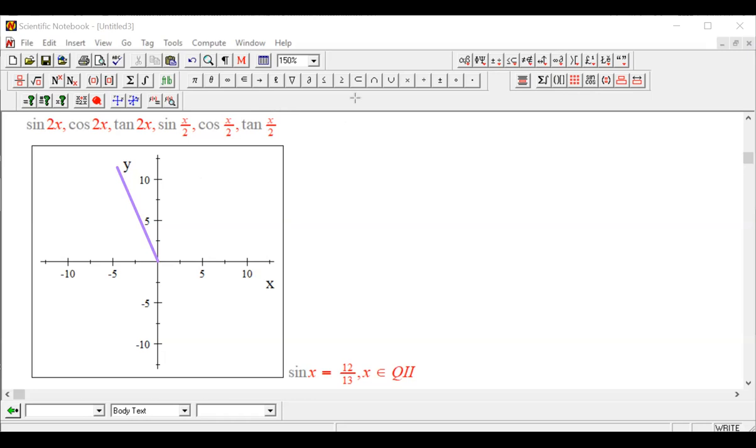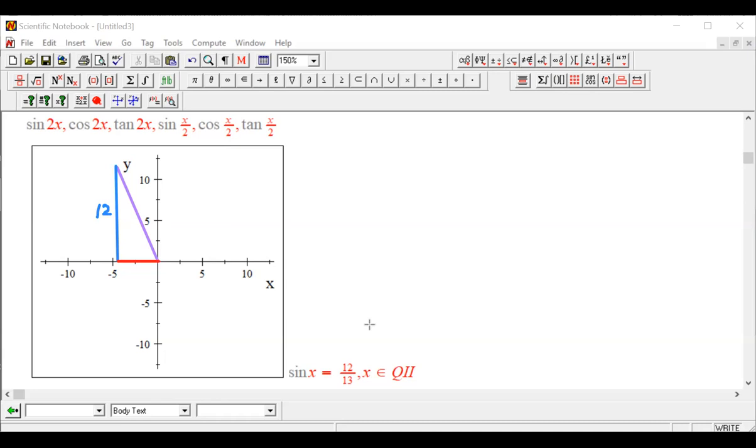Then we will draw a triangle, and the 12 is going to be the y. So this is 12. And we need the x, because that's the cosine. So this is to be found.